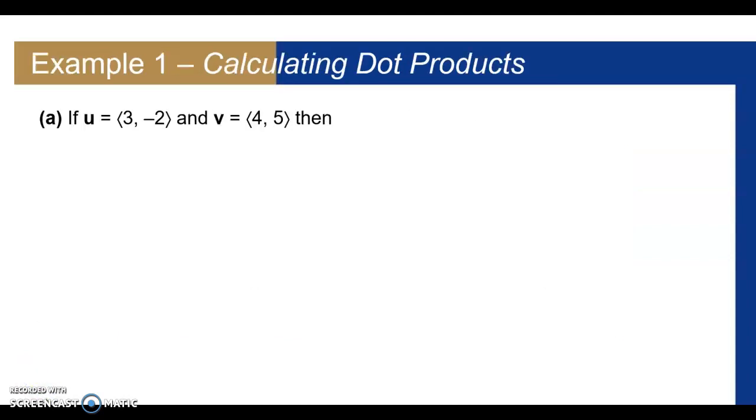If we look at this first example, we're going to do the dot product for vectors u and v. So if I want to take the dot product of u and v, remember I'm going to take my horizontal components and multiply them together. So that's going to be 3 times 4. And I'm going to add that to the same thing with my vertical components.